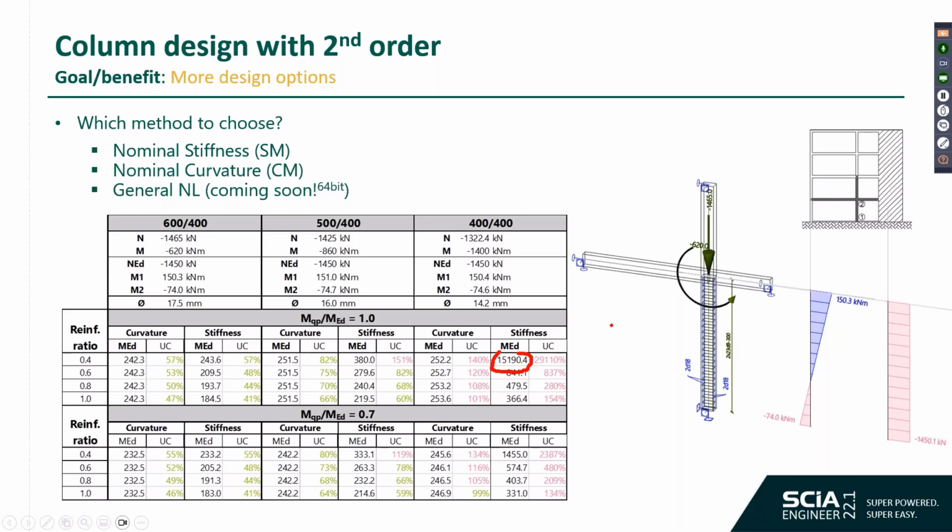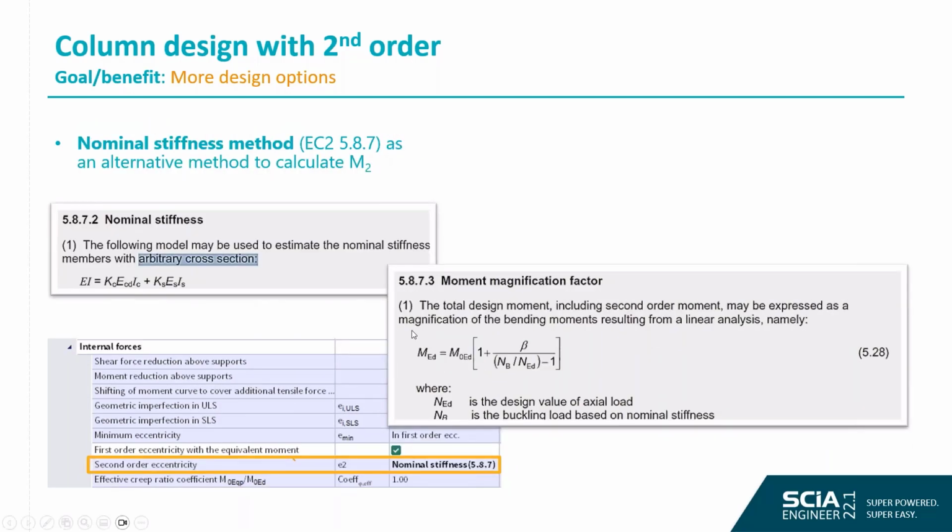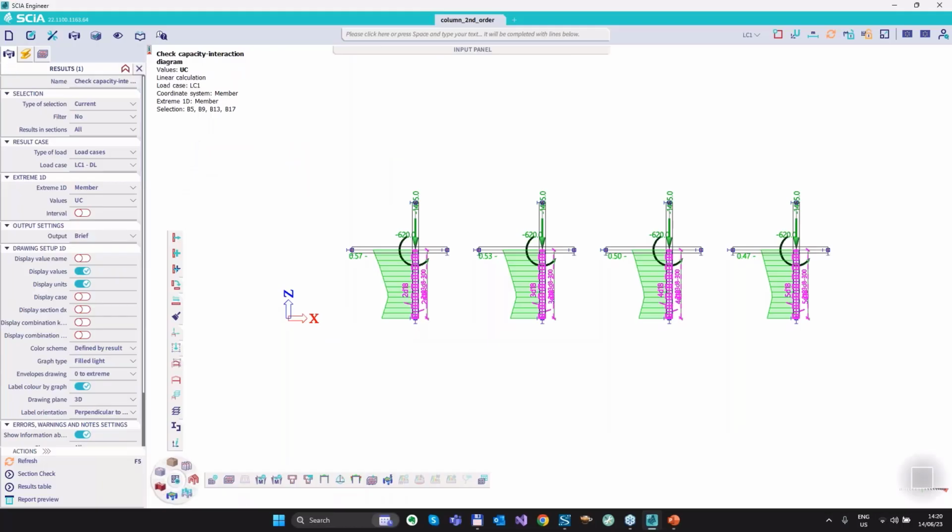Maybe I will show it in this slide. If the axial load is bigger than the buckling load, then we multiply automatically first order moment by coefficient 100. And even if the ratio is a little bit below 1, but very close to 1, then the design bending moment is really big.